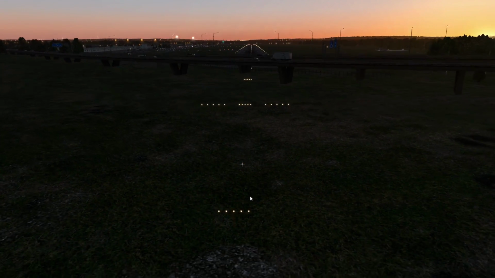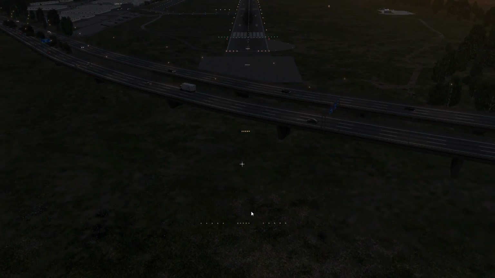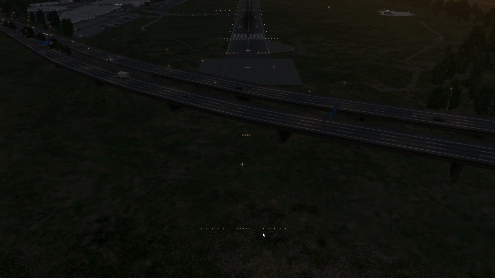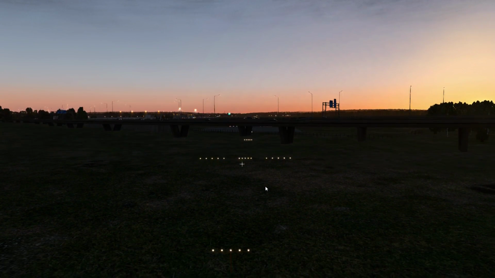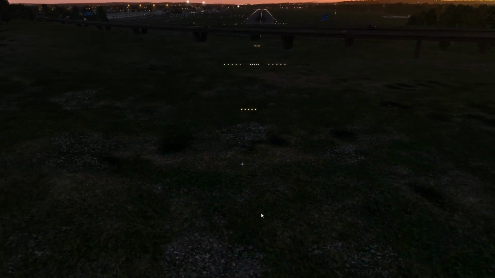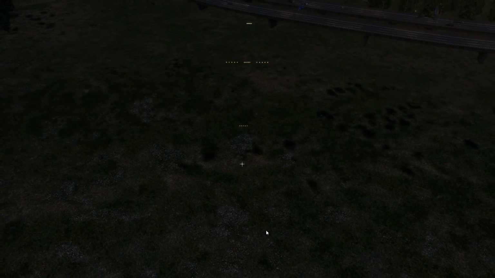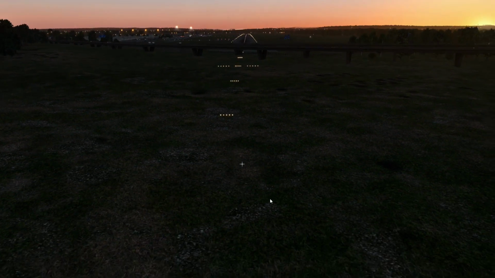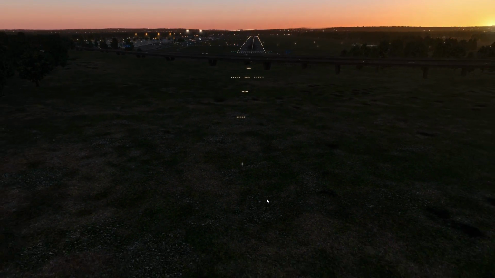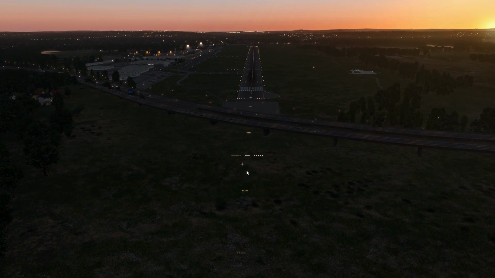And it only has warnings for, as you can see, 1,000 feet before, and that's it. So it starts off at 1,500 feet before, I think. Hold on, let me have a look. Because it's a short runway. No, it's not even 1,500 feet before. It's pretty much 1,000 feet.